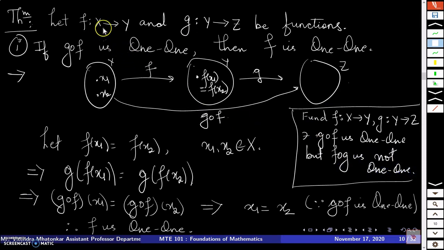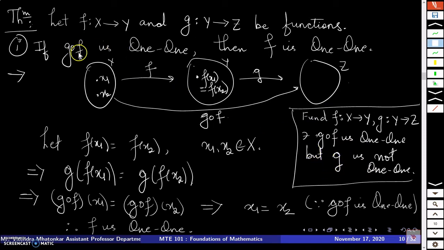So you have to construct functions f from x to y and g from y to z, where x and y can be any sets, and you define f and g such that g composite f is 1-1. Sorry, I made an error; it has to be g that is not 1-1.